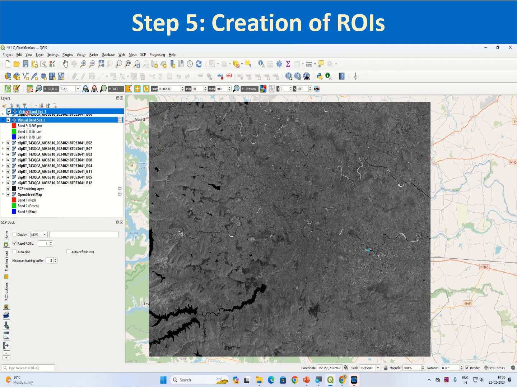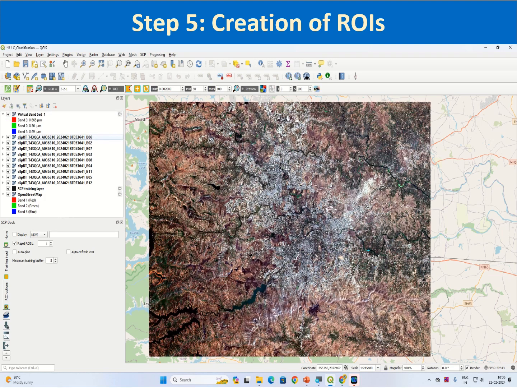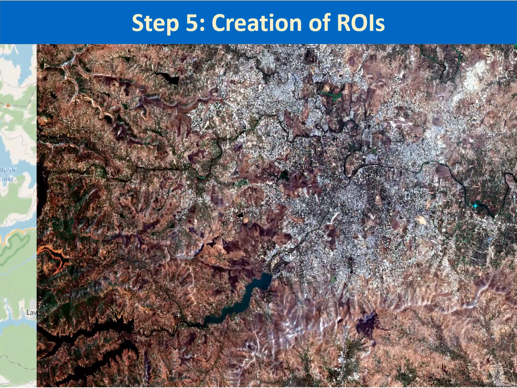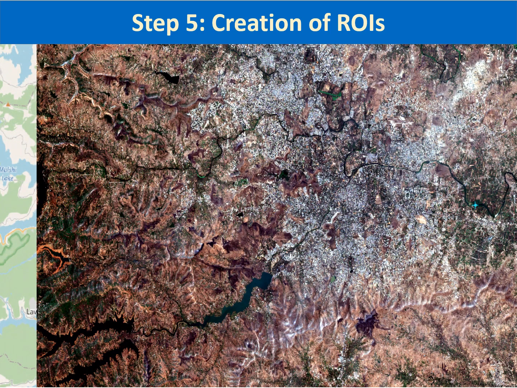You bring it to the virtual band set, the temporary band layer that has been created. With 3 2 1, you have this true color composite. The gray portions are the Pune city urban areas, and this is Khadakwasla Lake, the Panchet and Varasgaon lakes, and you have the Mutha river, and this is the confluence point of Mutha and Mula.